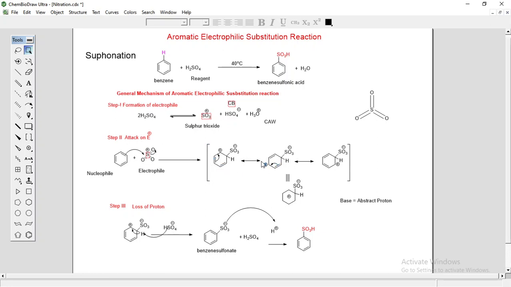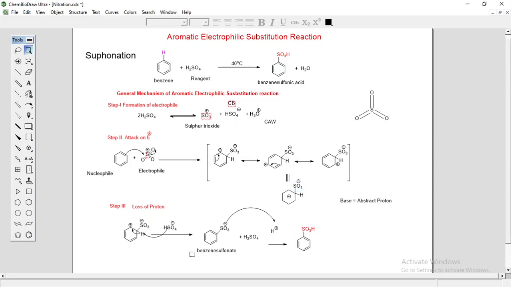Now in the next resonating structure, the positive charge will shift to this carbon, which is electron deficient. To minimize its electron deficiency, this double bond will delocalize here and the positive charge shifts to this carbon. So you will get this type of intermediate, and this is the hybrid structure of this intermediate.